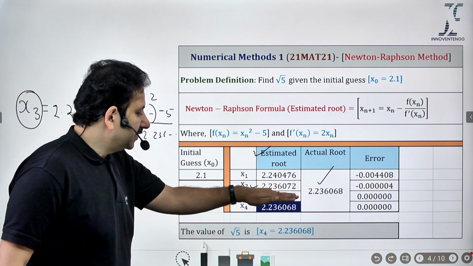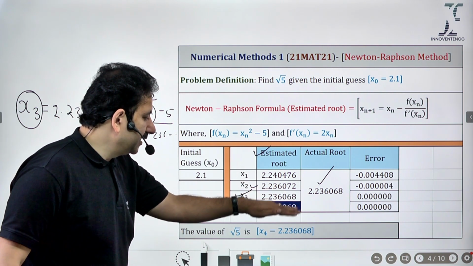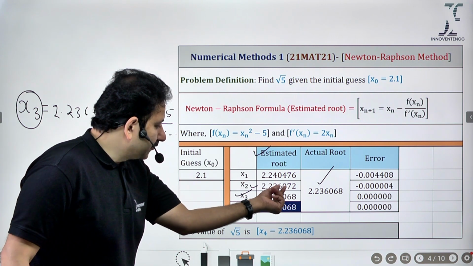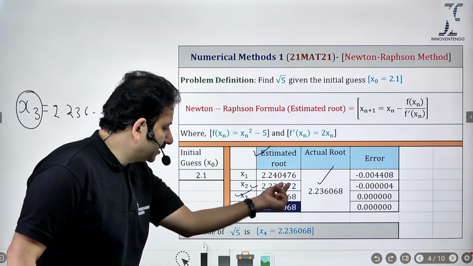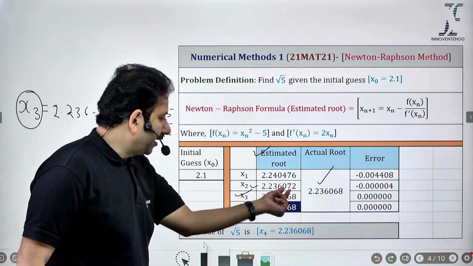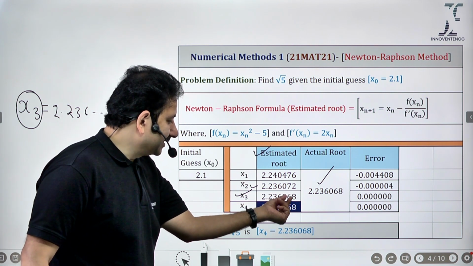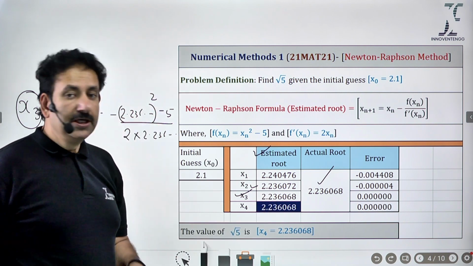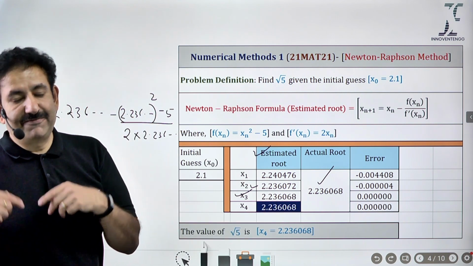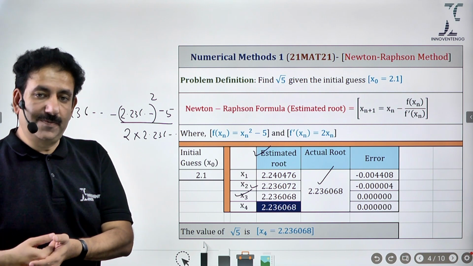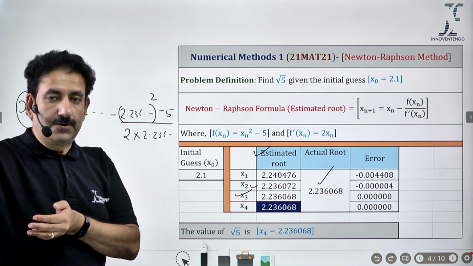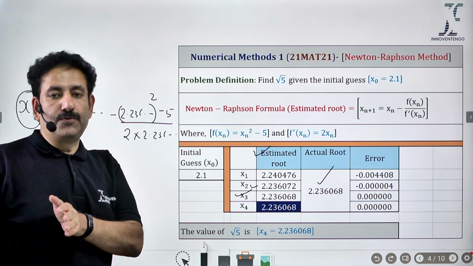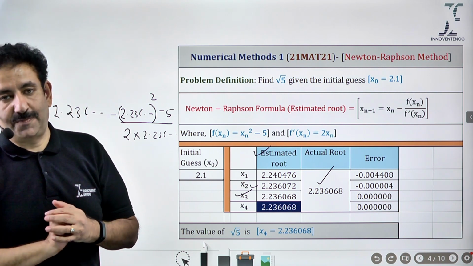You can see here there is absolutely no improvement in the estimated root, but of course from this to this also there is no improvement, except that your fifth decimal has decreased by 1. So in a practical situation where you are blindly working on a problem where you do not know your actual root, if your root does not improve significantly, you can halt your operations.